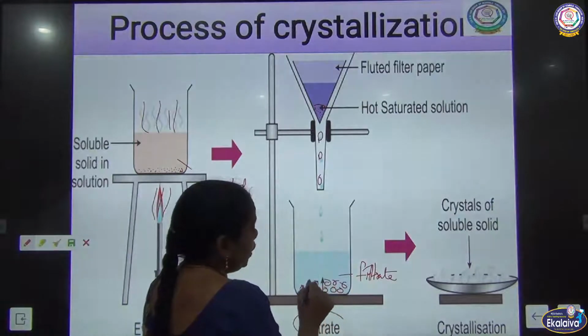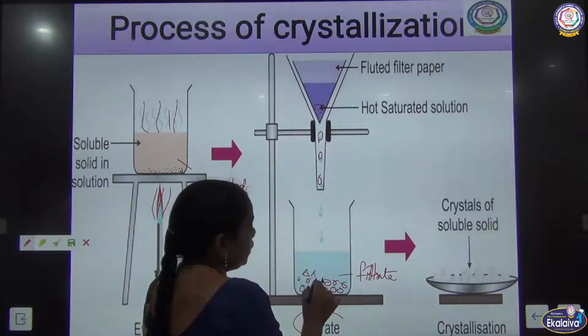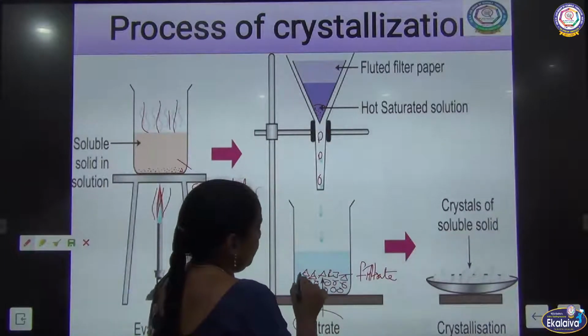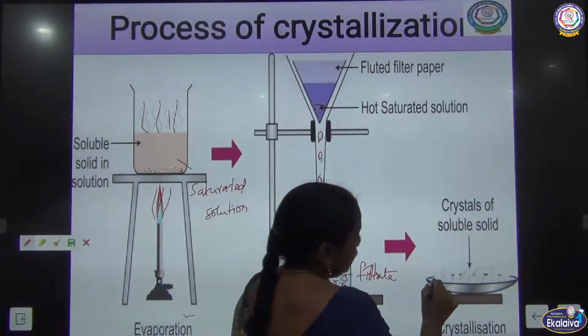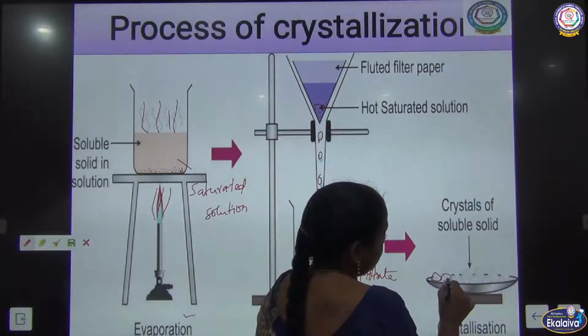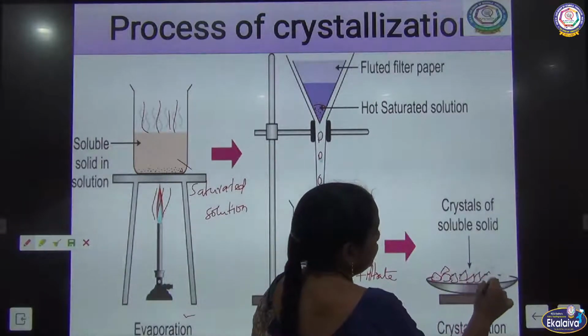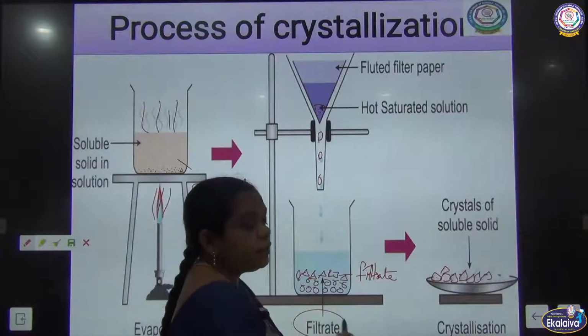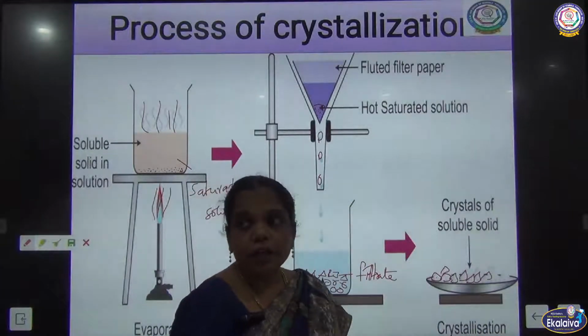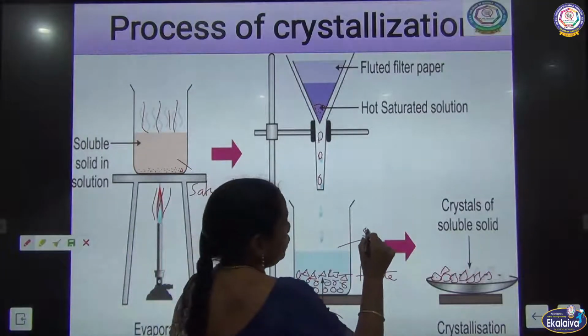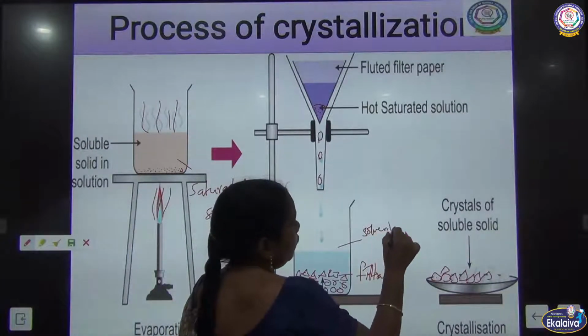What is going to reappear? The crystals, the hard substance with a definite shape. You can see the crystals, the hard substances with definite shapes, are formed. Again this can be filtered out. What is the solvent? The water.